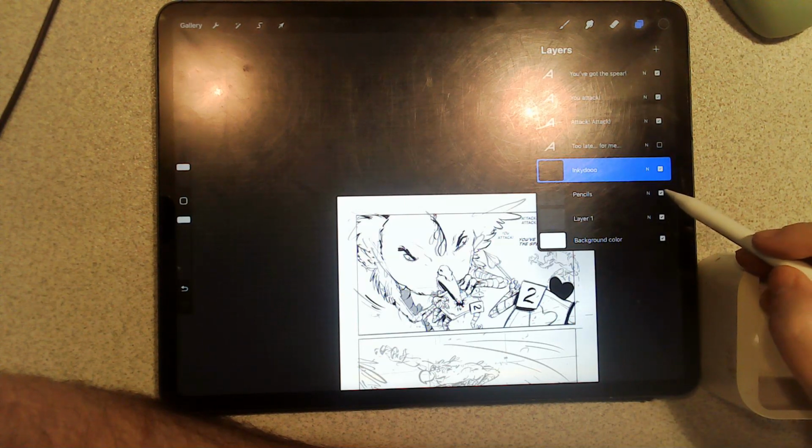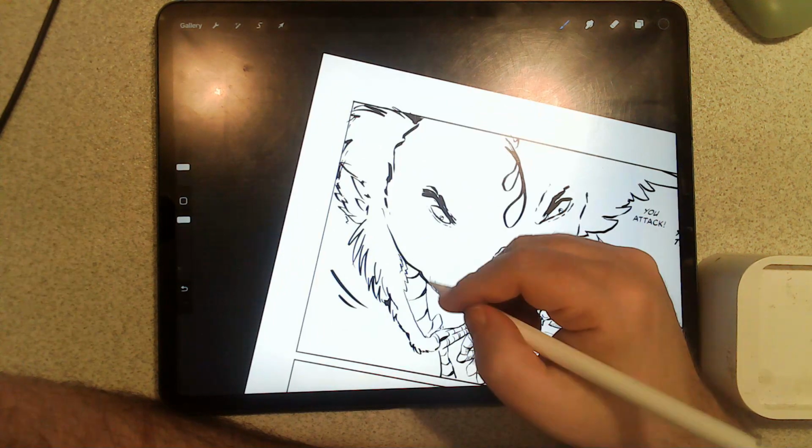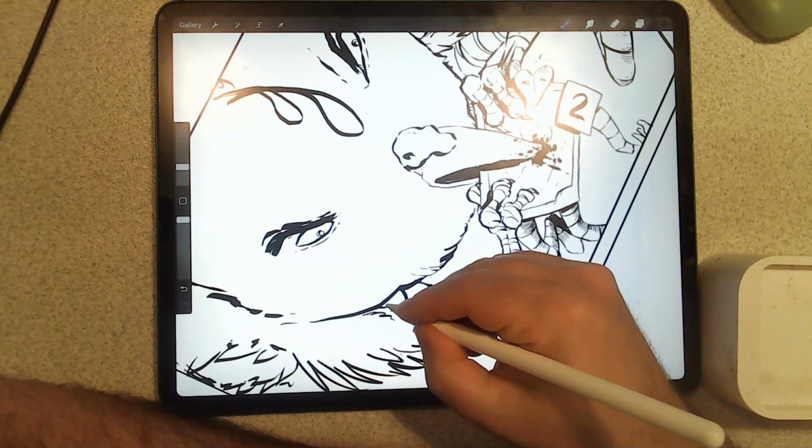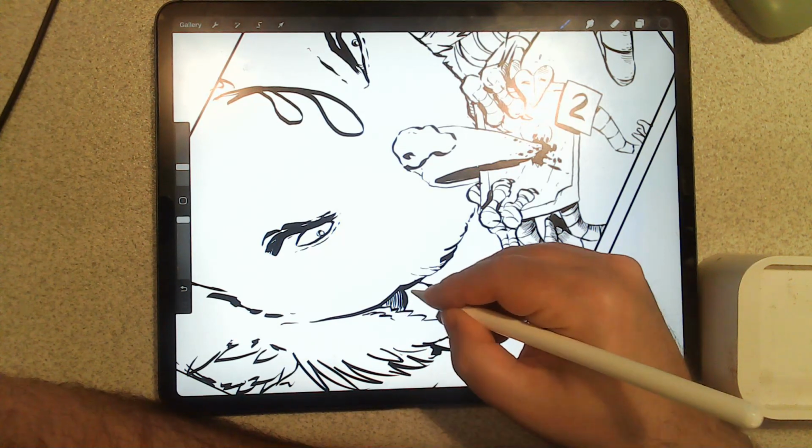All right. Let's take a look at what we can pull off. First of all, I want this leg that's mostly in shadow.